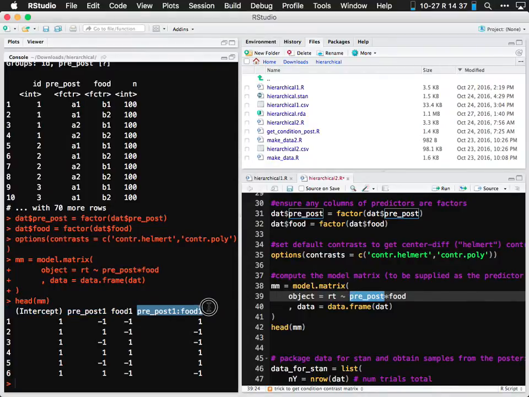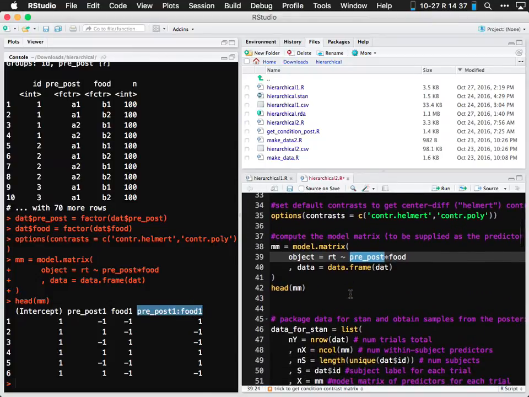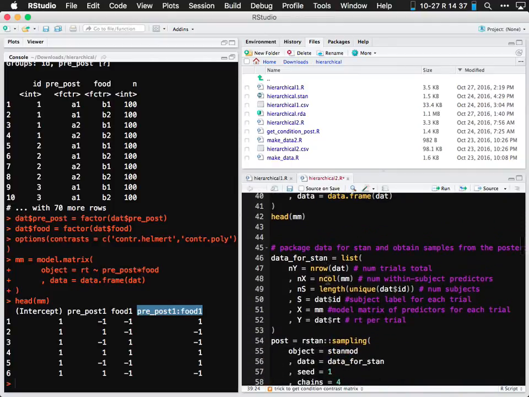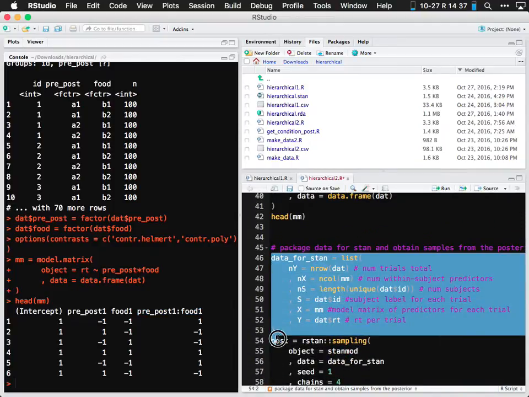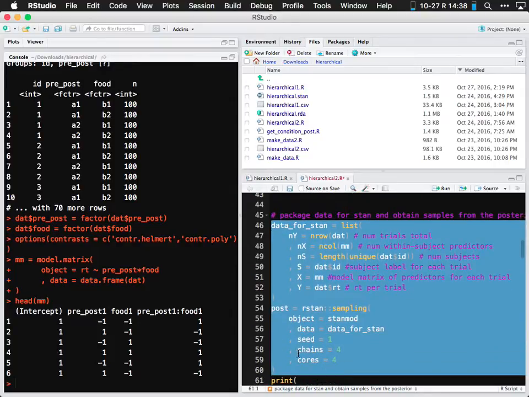But we'll finally have a parameter that encodes to what degree the pre-post effect changed depending on what food they got, reflecting that interaction. So happily, we structured our Stan file such that it looks exactly as before. We package it up together the same as before, and we sample.